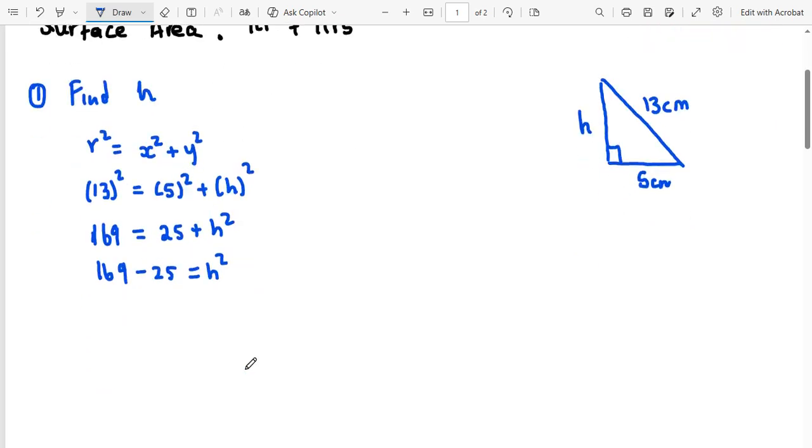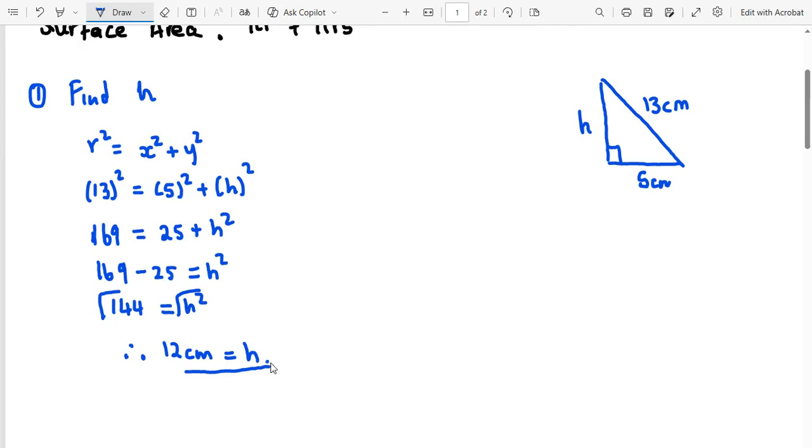Let's solve the left-hand side, which equals H squared. I can just take the square root of both sides to make H the subject. So the square root of 144, that's 12 centimeter. So 12 centimeter, that is H.